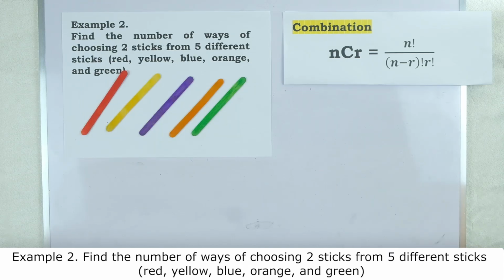Example number 2. Find the number of ways of choosing 2 sticks from 5 different sticks: red, yellow, blue, orange, and green.